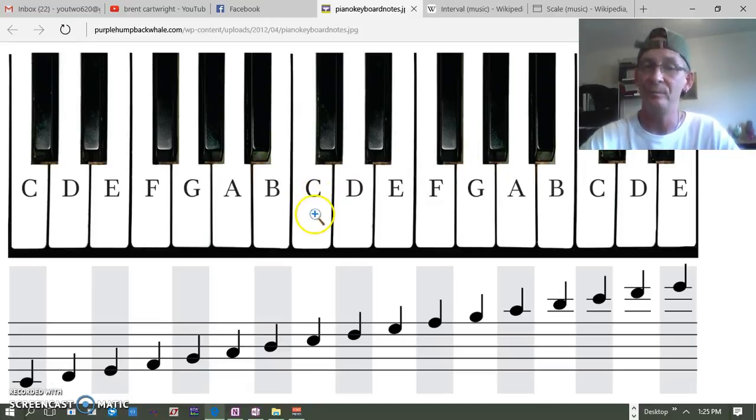Remember that. Root of the scale, whole step, whole step, half step, whole step, whole step, whole step, back to C. And those are going to set your intervals, because this is always going to be a fourth. Even if you don't use that fourth in the scale you're working on, F is always going to remain the fourth interval.